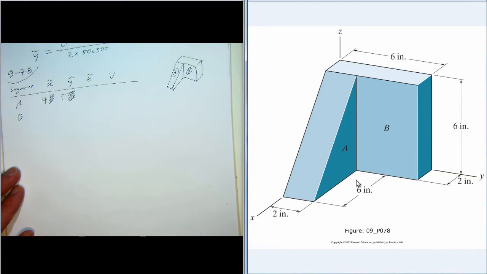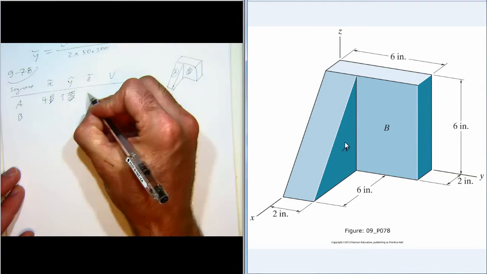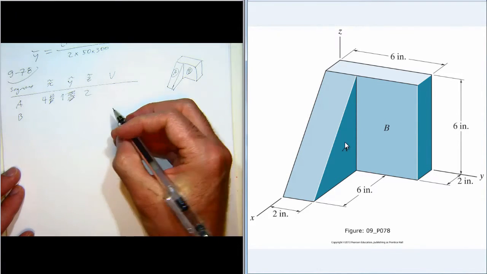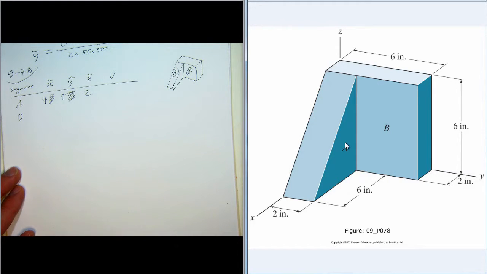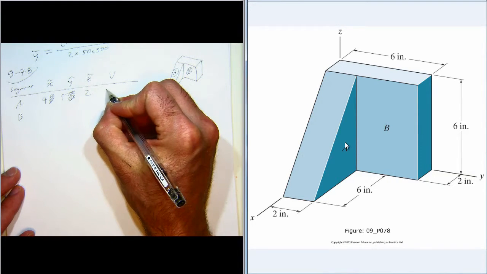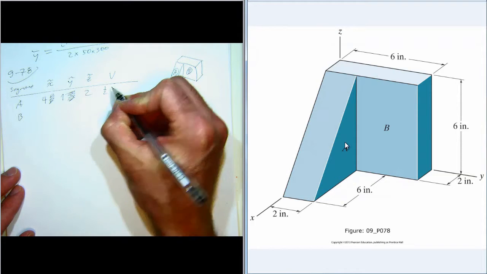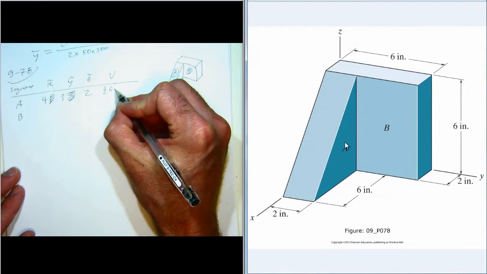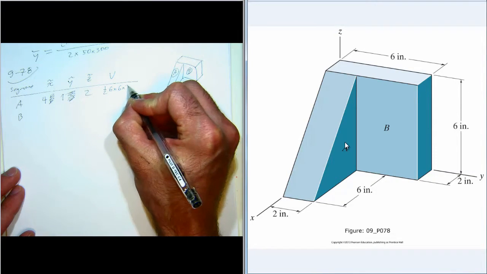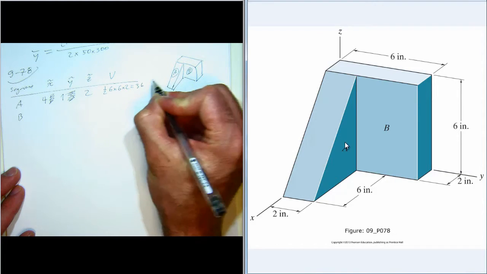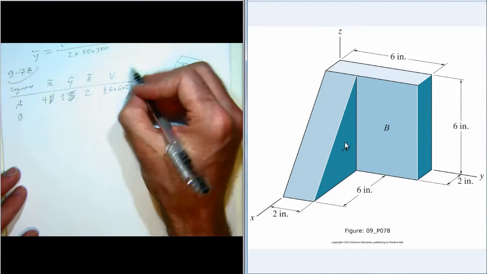And z is 2/3 of the way up this right triangle, so it's 6 inches high, so 2. And the volume is just the area of the triangle times the thickness, so 1/2 times 6 times 6, and then the thickness is 2, so that's 36. That's cubic inches.